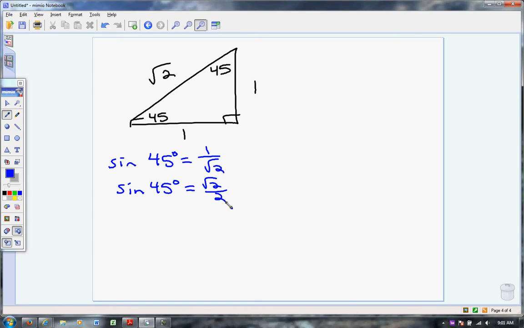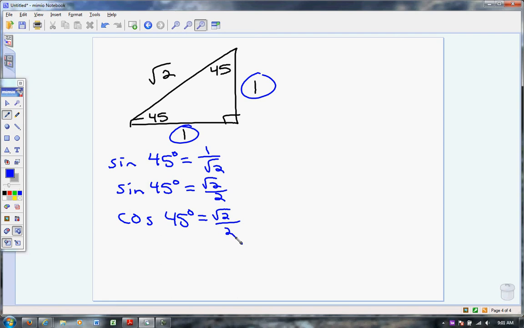Now, isn't the cosine of 45 degrees going to be the same thing? The cosine of 45 degrees, because my opposite side and my adjacent side are the same, it's going to be the same thing. It's also going to be radical 2 over 2. All right?